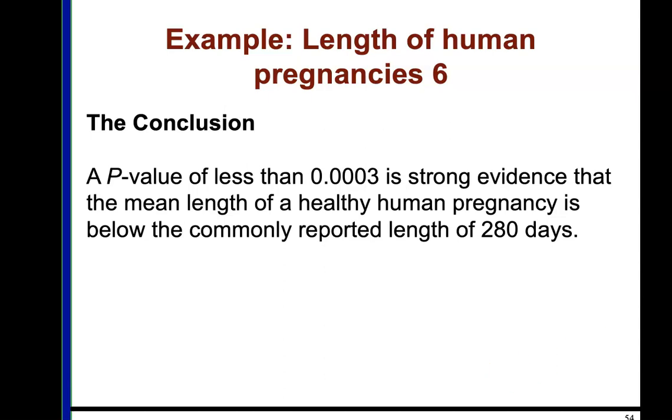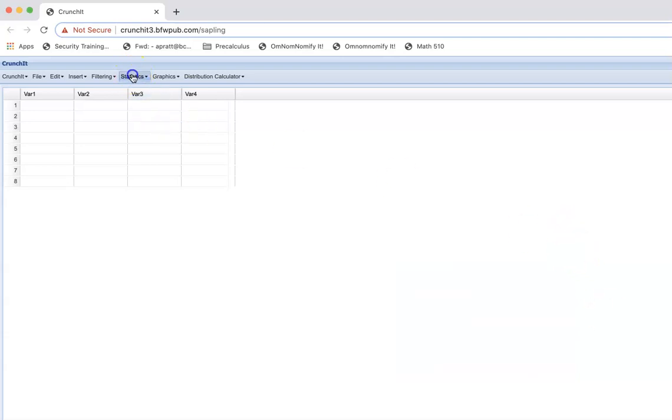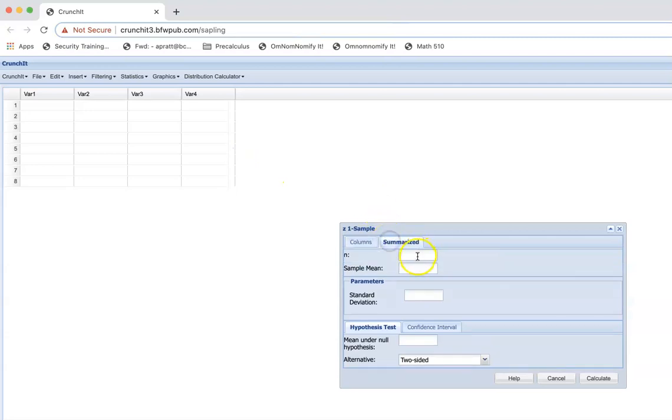Now, how would we do the same problem in Crunch It? Well, we would go to statistics, we would go to Z, one sample. We'll do summarized, and we'll use our sample size of 95 and the sample mean of 275. And then the standard deviation was given as 10. Then we come up with the mean under that null hypothesis.